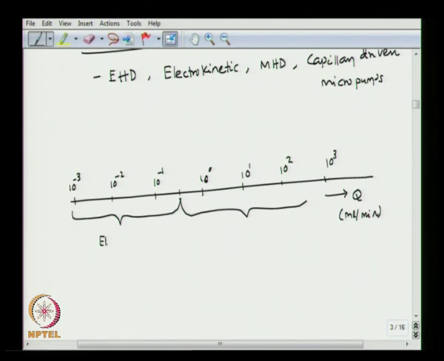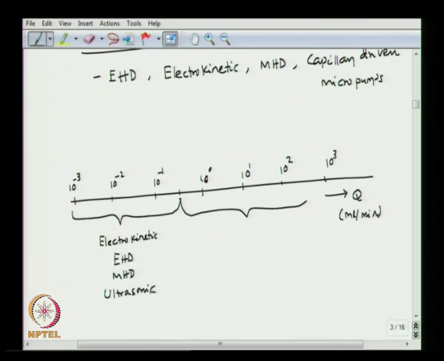So you have the electrokinetic pump, electrohydrodynamic pump, magneto-hydrodynamic pump, and also the ultrasonic, which is a dynamic mechanical pump.